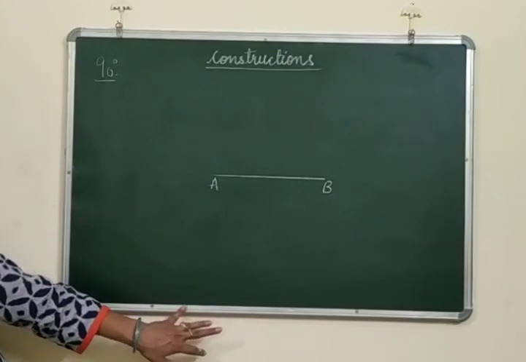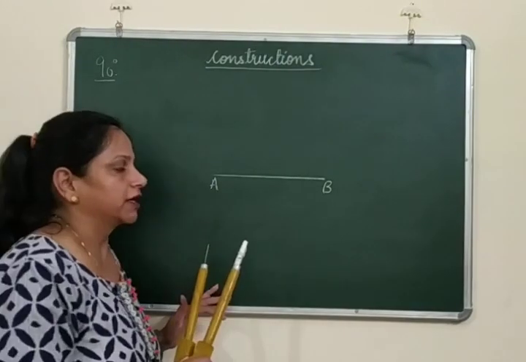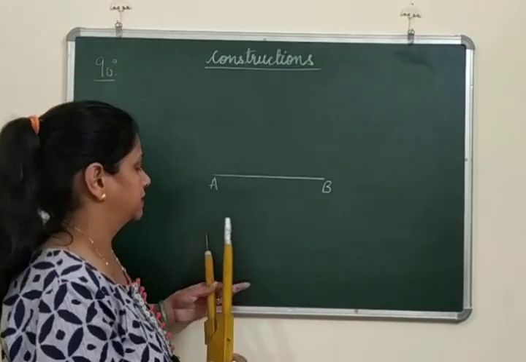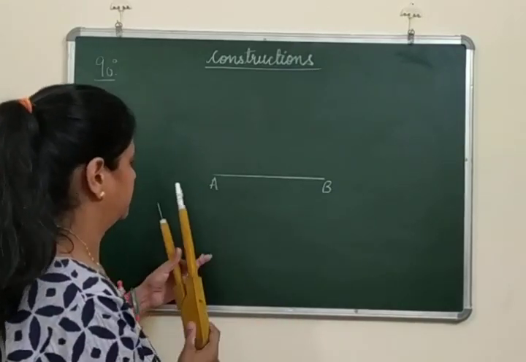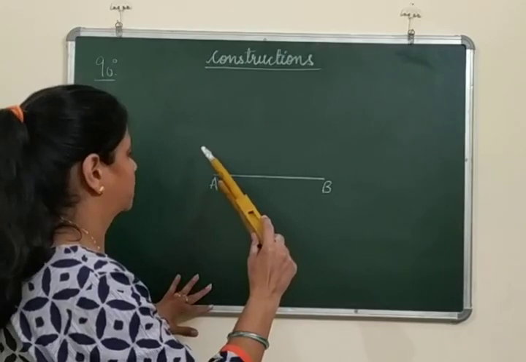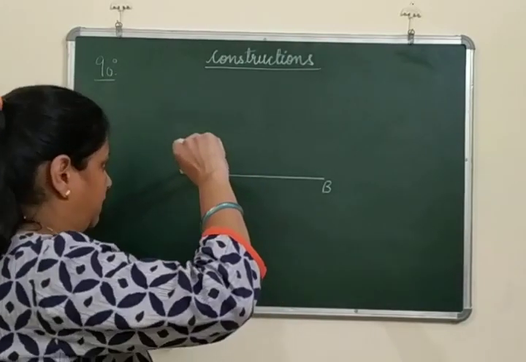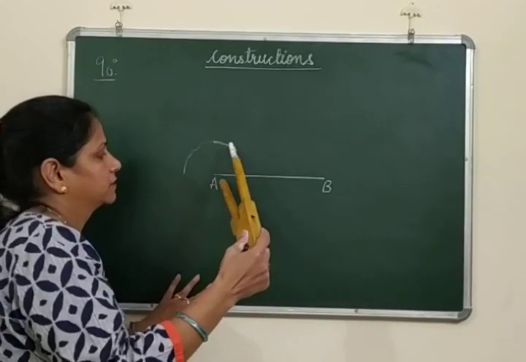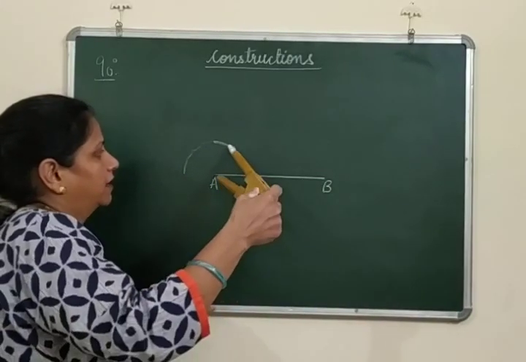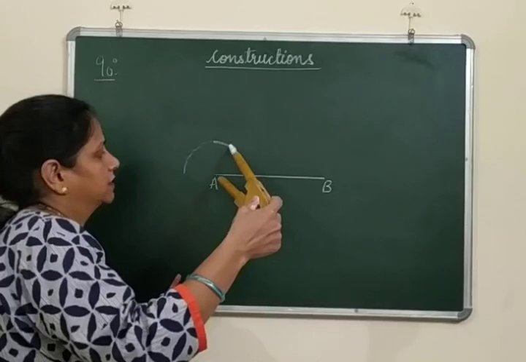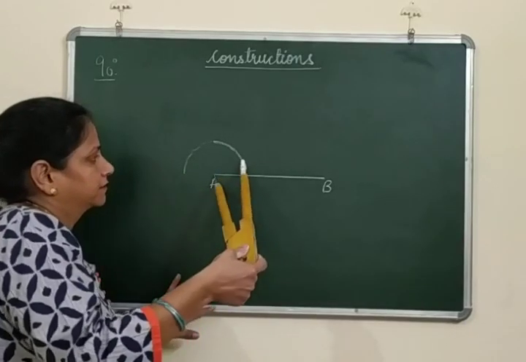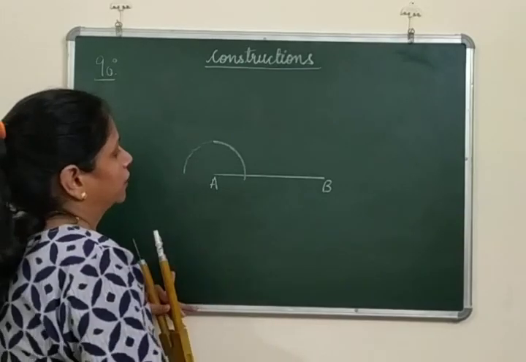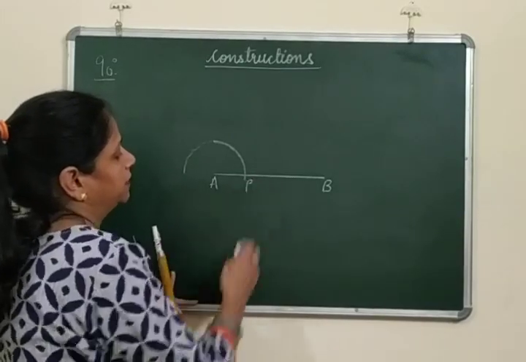After this, we have to take a compass, open any radius in the compass, and from this point, make an arc with any radius like this. Fine. You have got this point. Let this point be P.